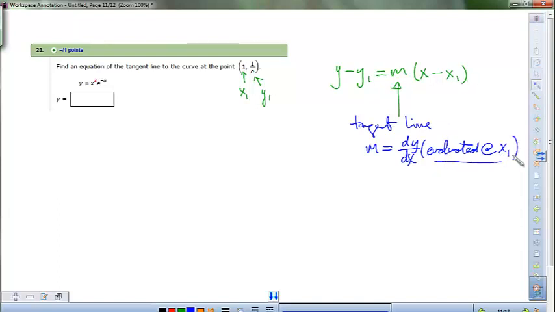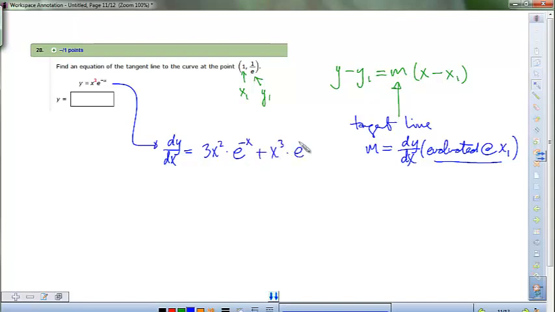So this is an important part of our equation. Let's take our function and find the derivative. And this derivative looks like it's going to be a product rule. That's the derivative of the first times the second, plus the first times the derivative of the second.